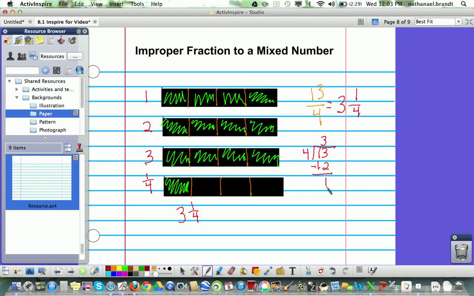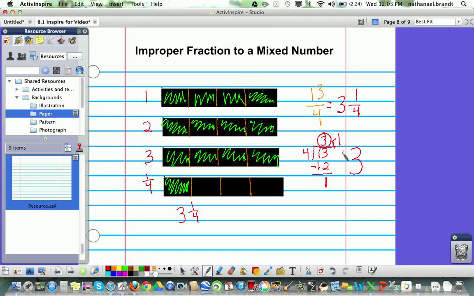I subtract, and that leaves me with 1 left over. So to take the improper fraction, the number that you get on the top, your quotient, is going to be your whole number, 3. Down here, I have 1 left over.